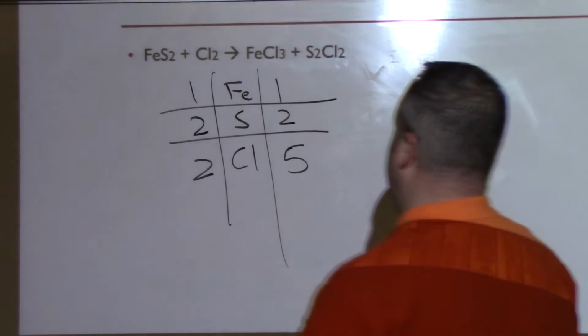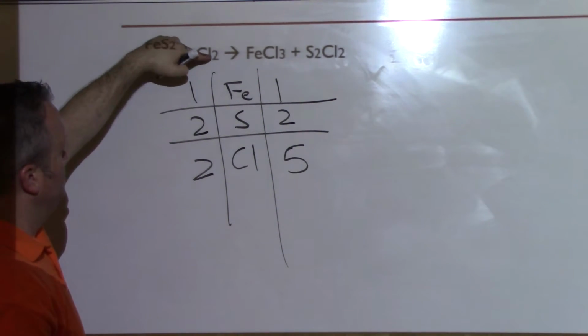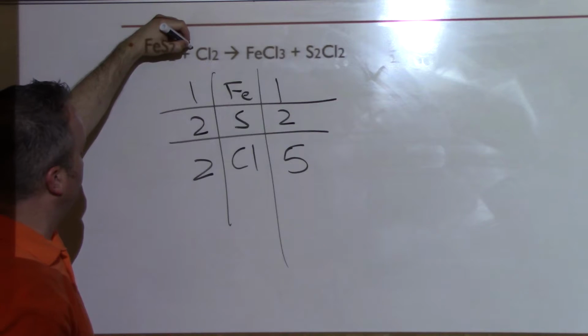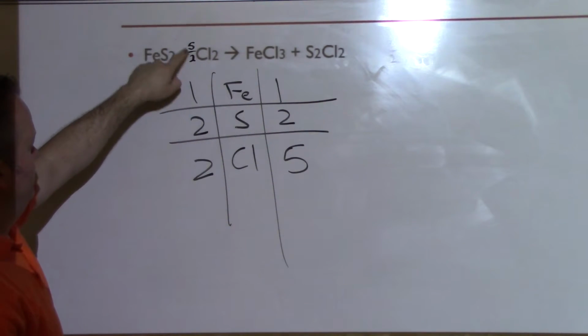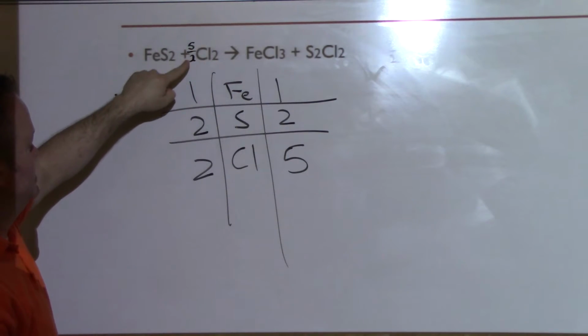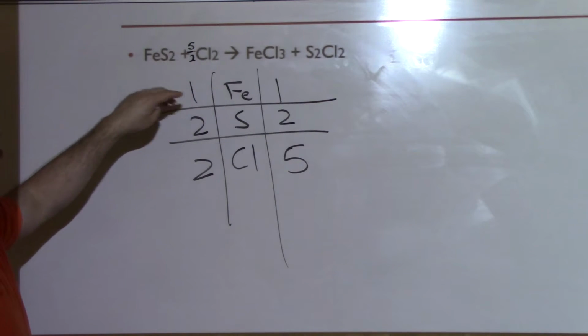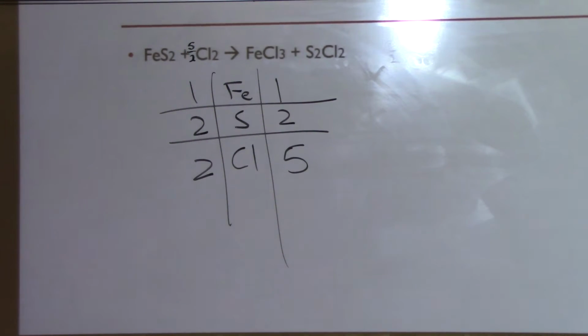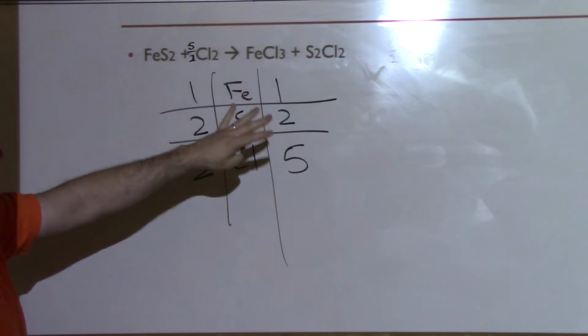The only thing here is that if I had 5 chlorine, it'd be perfect. Because I have a subscript of 2, I'm going to write 5 over 2. So think about this: 5 times 2 is 10, divided by 2 is 5, so I would have 5 chlorine over here. So now it's looking like if I could place that number there, then that would be perfectly balanced.